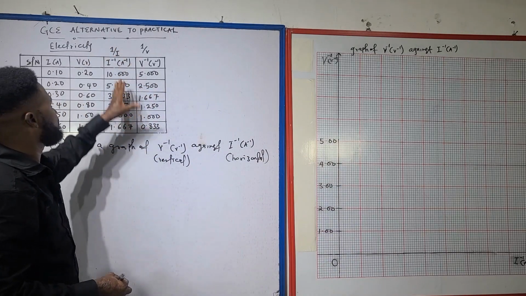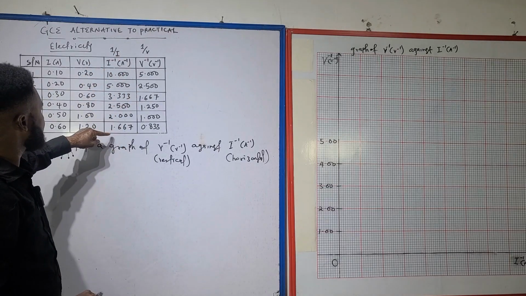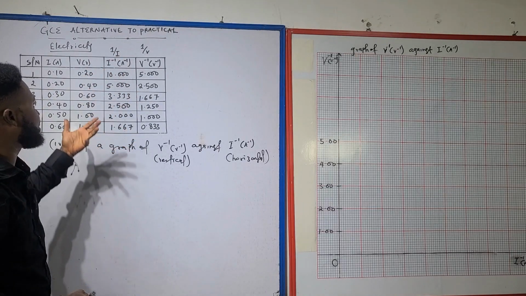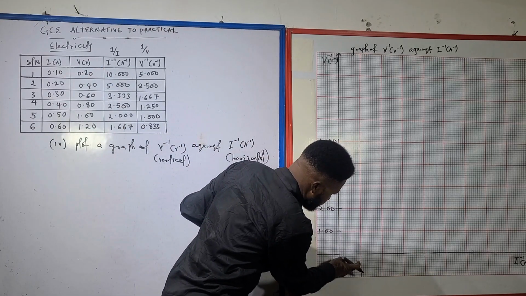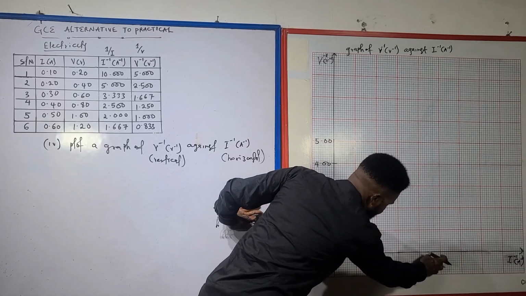Now, talking about the inverse of the current, the least value is 1.667 and the highest value is 10. So I'm thinking 2, 4, 6, 8, 10.